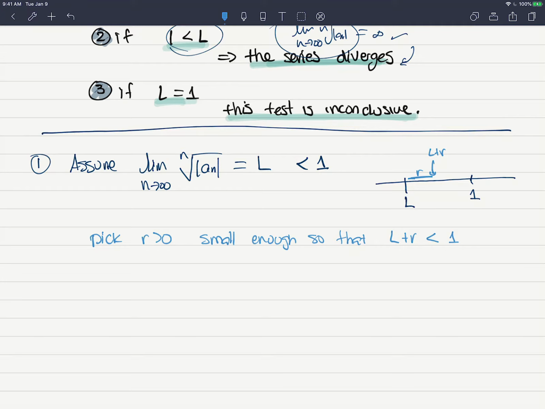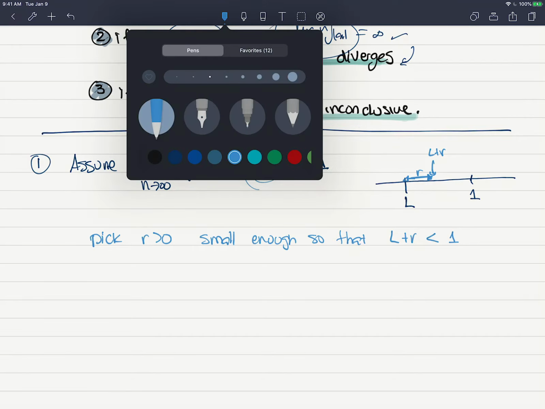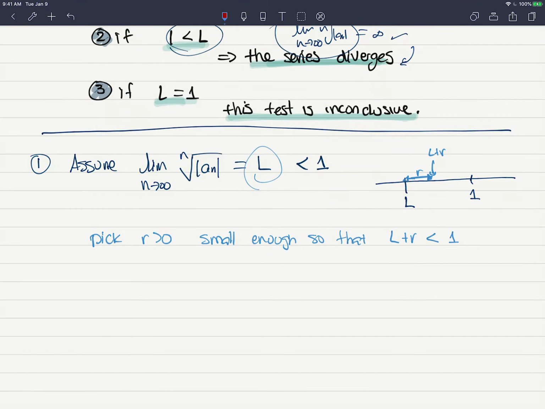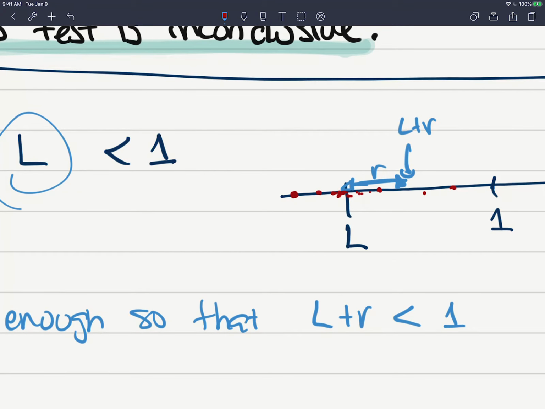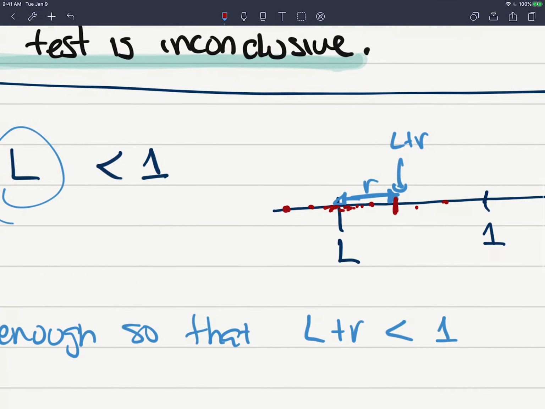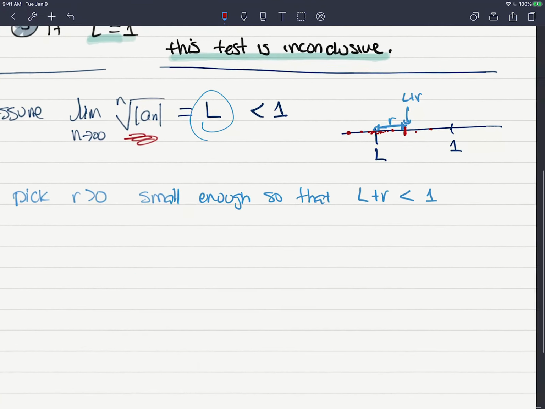So because I'm assuming that the limit is L, imagine I have the terms of this sequence, the nth root of the nth term, could be here, here, here, here. Eventually, they have to go close to L and be only near here. So eventually, if I zoom in here, all my points are going to be on this side of this number. So this is the whole idea here.